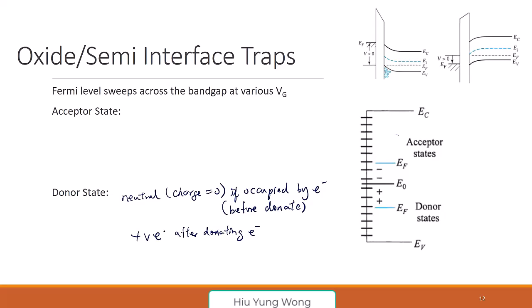Similarly, like acceptor. Acceptor, just think of a selfish guy, okay? You always just take away from people. So before you take something from someone else, it's neutral. Charge equals zero if you have nothing, a selfish guy, right? So this means before accepting an electron.